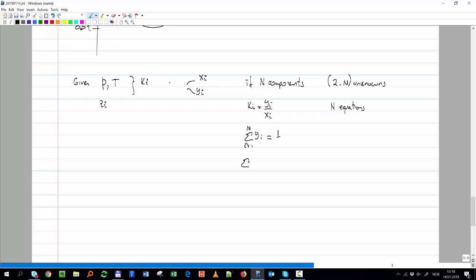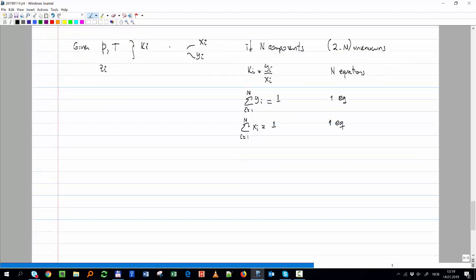And I have the same thing for the liquid. So here I have one equation, and I have one additional equation, but I still need n minus 2 equations. I still need a few more equations.